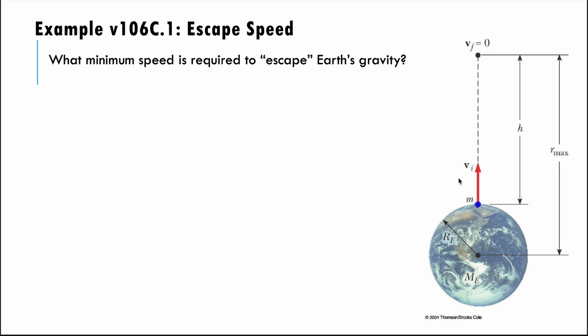This is a good application of conservation of energy because this is an isolated system. The object of mass m is only under the influence of gravity. There's no air resistance, nothing like that. So we set up this problem as the kinetic energy initial plus the potential energy initial equals the final kinetic energy plus the final gravitational potential energy.